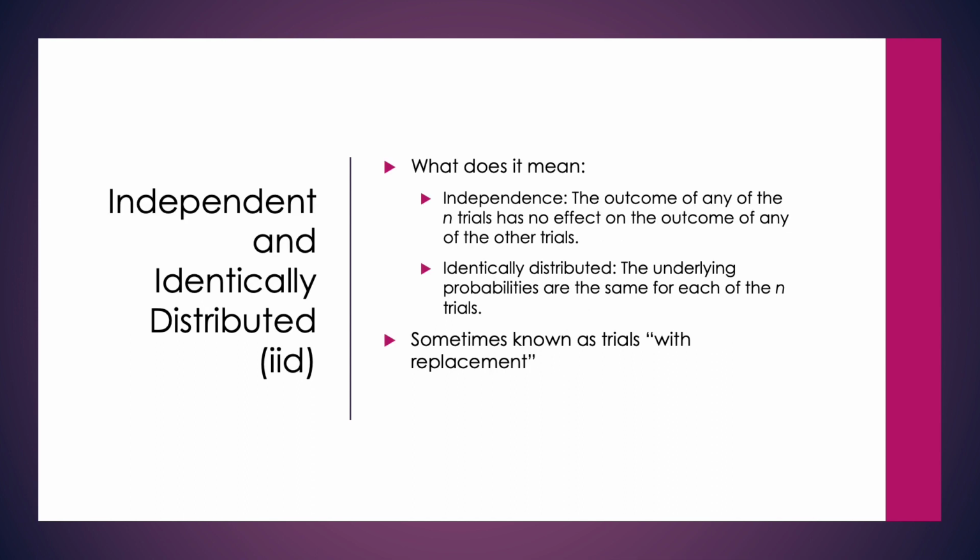What does IID mean? Being independent means that the outcome of any of the n trials has no effect on the outcome of any of the other trials. Identically distributed just means that the underlying probabilities are the same for each of these n trials. This is sometimes known as trials with replacement.